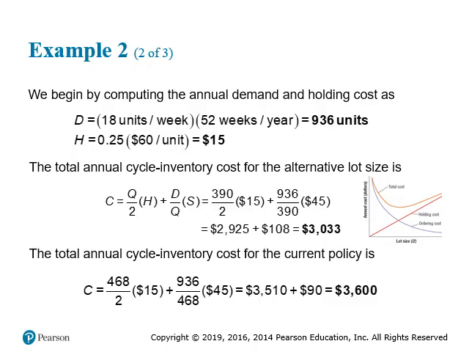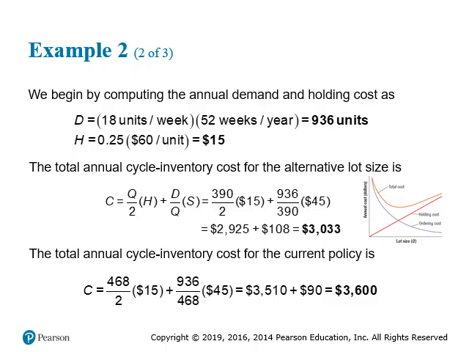That's $2,925. The annual ordering cost is 936 over 390. That's the number of times we order per year, times 45. So that's $108. And so it ends up costing us $3,033 a year.